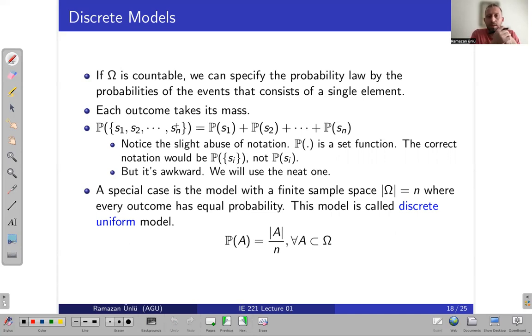So if omega is countable, we can specify the probability law by the probabilities of events that consist of a single element. We will simplify these things, but each outcome takes its mass.